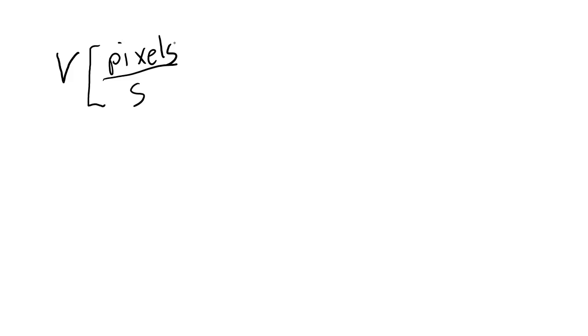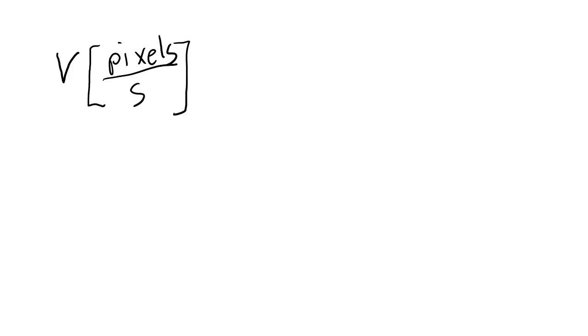It's easier to understand how this derivation works if you assume that it's in pixels per second. So I'm going to start by assuming that you have velocity in units of pixels per second, and then as we go, I'll show you why it doesn't matter that it's in pixels per second. In a moment, after we finish this calculation, I'll make some notes about how we might estimate the velocity of the object in units of pixels per second. But for now, let's assume that we have this estimation.